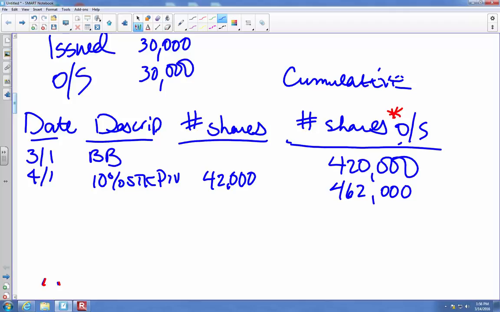Then I declared a 40-cent per share cash dividend on April 24th, and I paid it. Can you make those two entries? I declared a 40-cent per share cash dividend, and then I paid it.